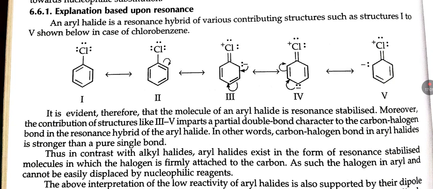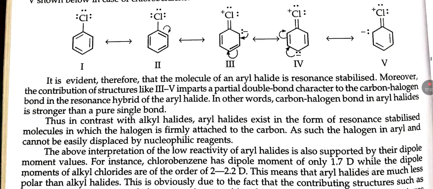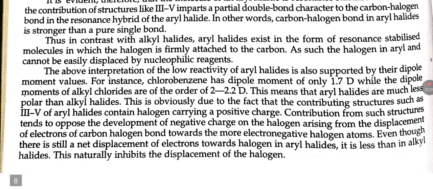In other words, the carbon halogen bond in aryl halide is stronger than a pure single bond. Thus, in contrast with alkyl halides, aryl halide exists in the form of a resonance stabilized molecule in which halogen is firmly attached to the carbon. As such, the halogen in aryl halide cannot be easily displaced by nucleophilic reagents.